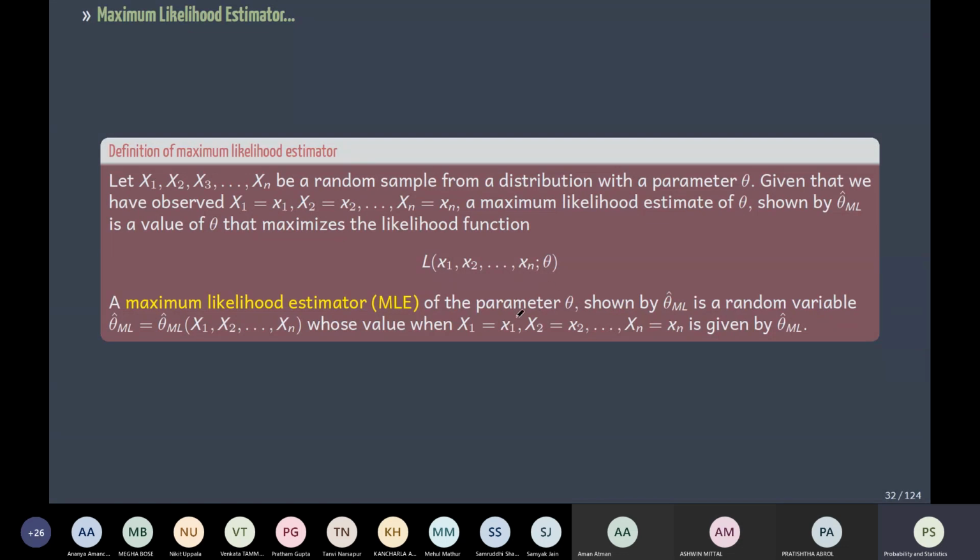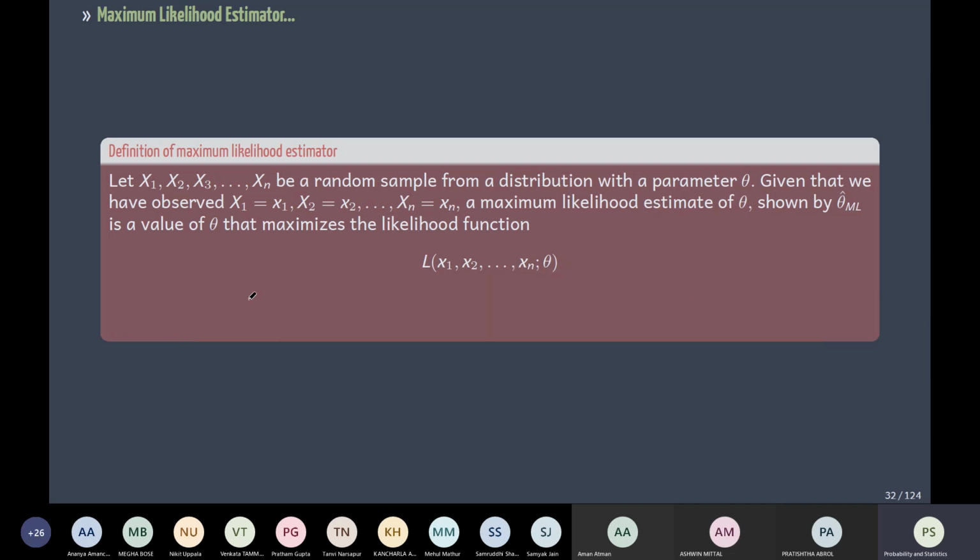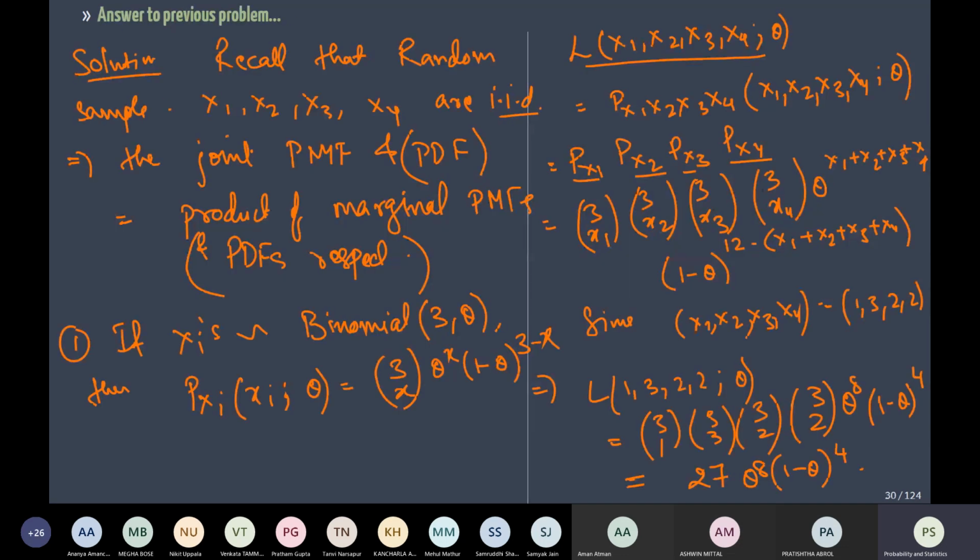So the observation is given to you, so this is known to you. So this is just a function of theta. And then obviously you can maximize this over theta. Then you can keep the x, and it will become a function of x1 to xn. If I look at the previous example, you will see that the xi's are involved and theta is also involved. If I maximize this function with respect to theta and get the value of theta for which this is maximum, I substitute that theta here.